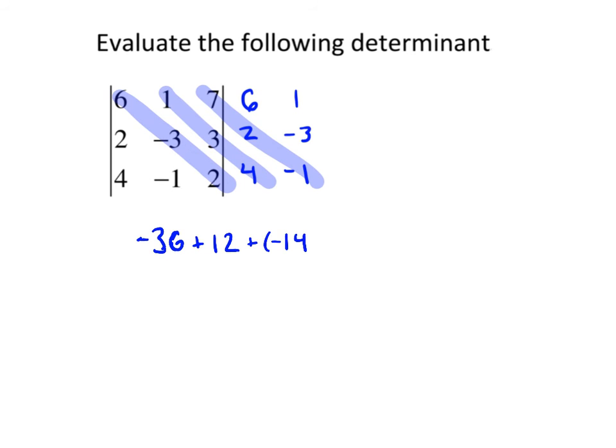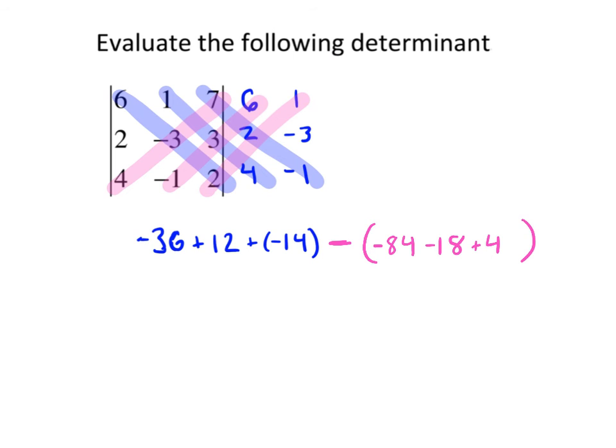Negative 14. So those are our majors. Now we move on to the minors. So we have 4 times negative 3 times 7. Negative 84. Negative 1 times 3 times 6. Negative 18. And 2 times 2 times 1. 4.